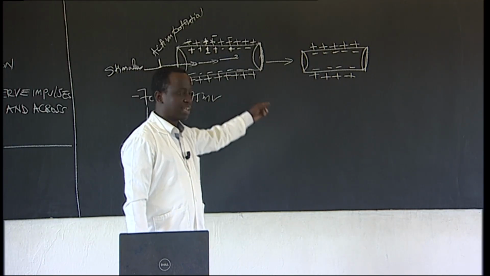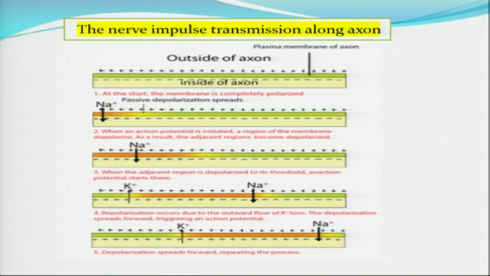It is just a diagram we used here on the screen. You can see here we have negative inside, positive outside, and this is at the start, when the membrane is completely polarized. So now, you see sodium now gets in when there is a stimulus. When sodium gets in, this can allow the message to cross this axon membrane. So the action potential is now generated.